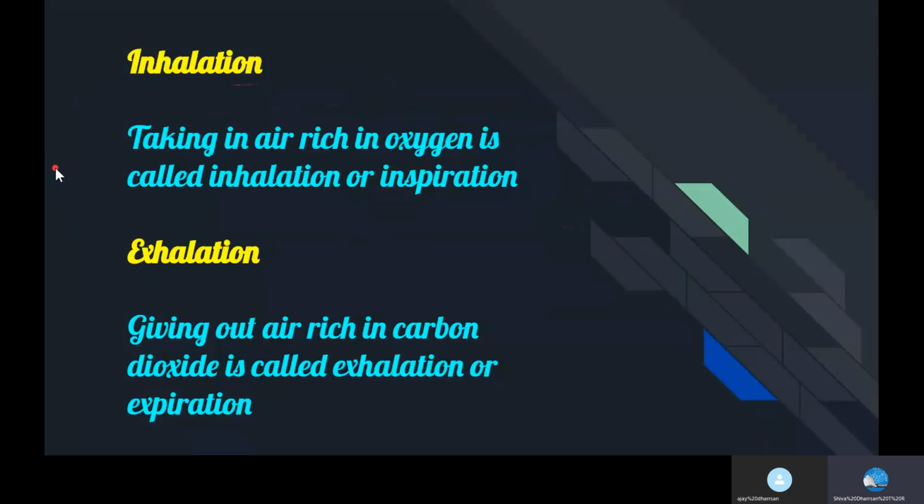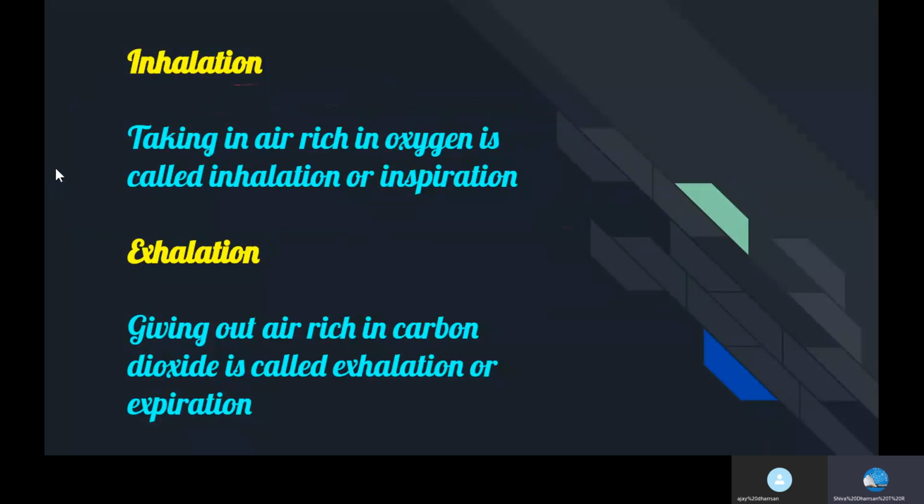The process of taking in air rich in oxygen into the lungs with the help of respiratory organs is known as inhalation, or it is also known as inspiration. And exhalation: the process of giving out air rich in carbon dioxide, this is also known as expiration.